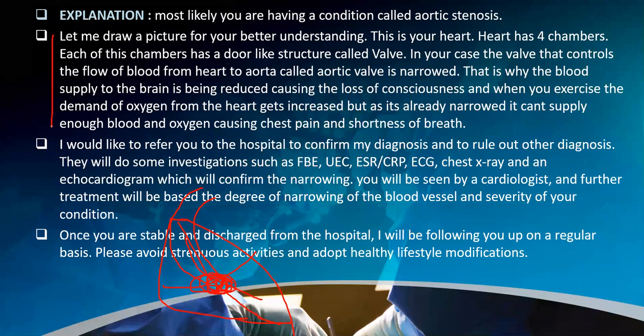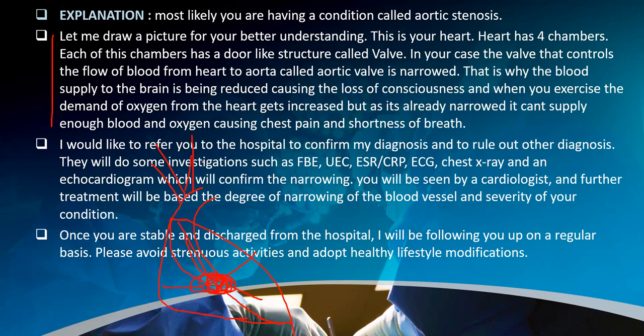So this patient is having collapse or syncope. Why? Because if the aortic valve is narrow, the blood from the heart cannot go to the aorta, and your aorta supplies your brain, right? So if from heart to the aorta not enough blood is coming, your brain is not getting enough blood, so you are having loss of consciousness frequently.